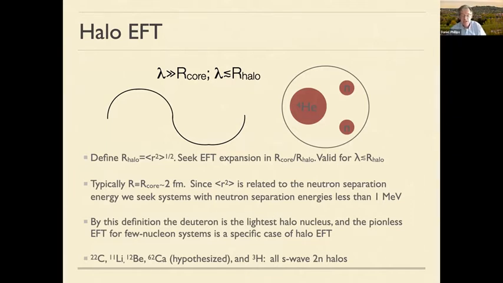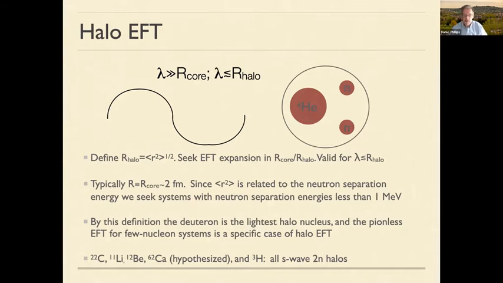So Halo EFT is an attempt to organize the physics that is built into cluster models into a systematic expansion. So the underlying physics assumption is exactly the same as in a cluster model of helium-6. It's the degrees of freedom helium-4 and the 2 neutrons. The idea is that if you probe helium-6 with a probe whose wavelength is much larger than the size of helium-4, but is on the order of the size of helium-6, that will be an effective description of the helium-6 nucleus.